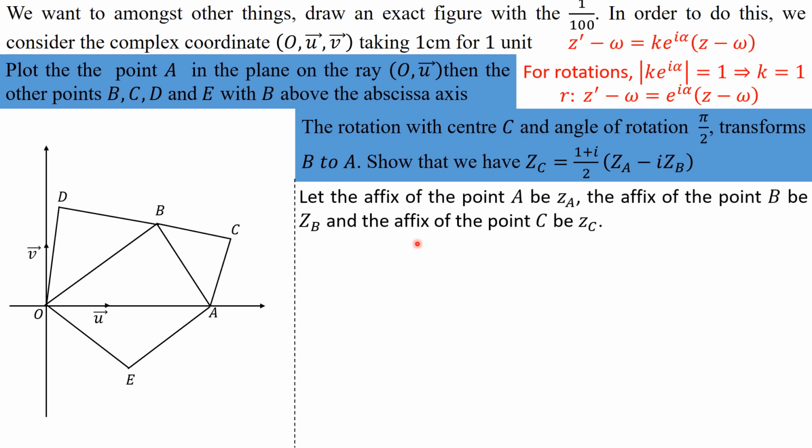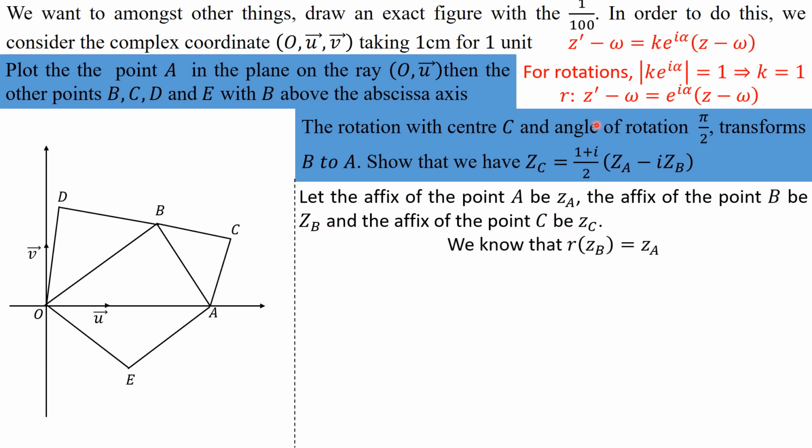All right, so with that said, according to this equation, since we are taking the point B to the point A, the angle of rotation is pi ln 2 and the center of the rotation is C. So we can let the affix of the point A be ZA, that of the point B be ZB, and that of the point C be ZC.